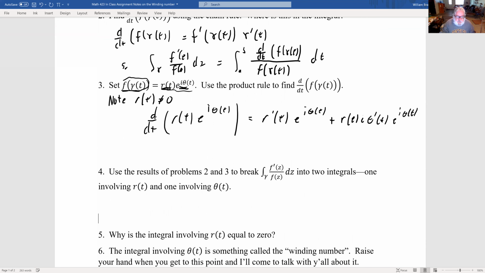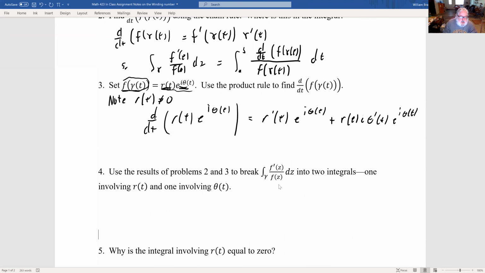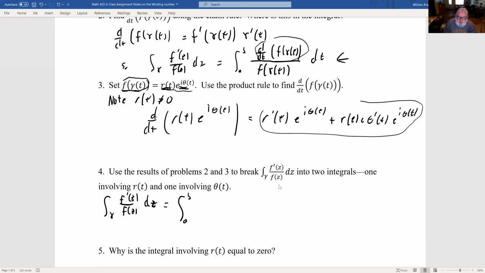So what we're getting there now, if we look back up at this, is that we have integral around gamma of f prime of z over f of z dz is integral from a to b of the derivative of f of gamma of t, which we've calculated to be this thing.